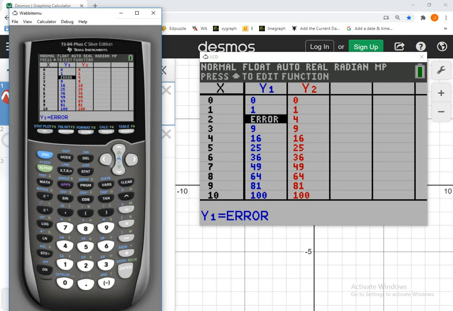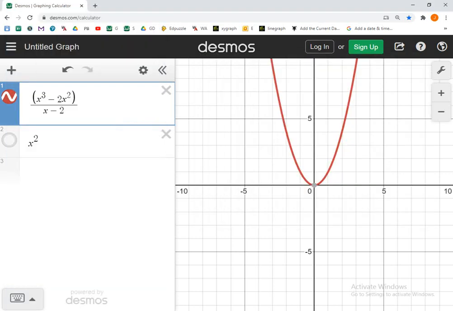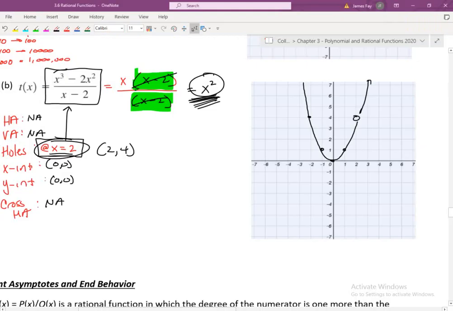Now, that's nice, but let's say that we had a function that looked like x minus a third, times x, over x minus a third.